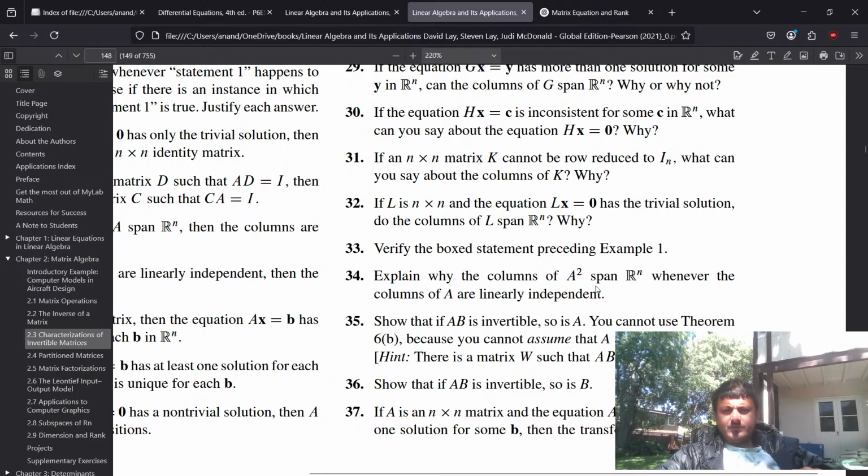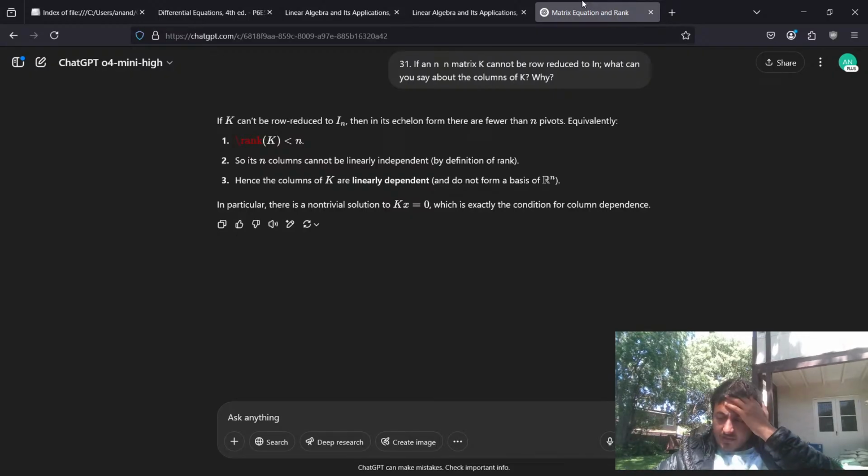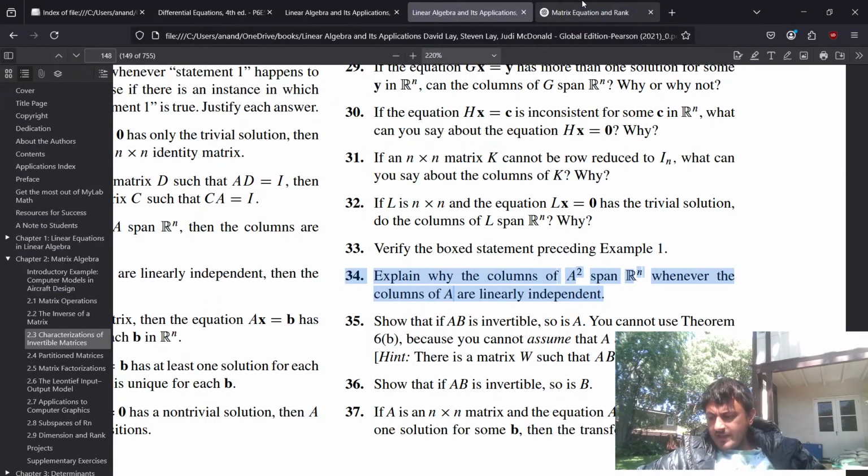I wonder what they say, because it's got to be square, and A is linearly independent. So since it's linearly independent, it's invertible. So we can invert it. So we're going to get A inverse times A is equal to A inverse b.